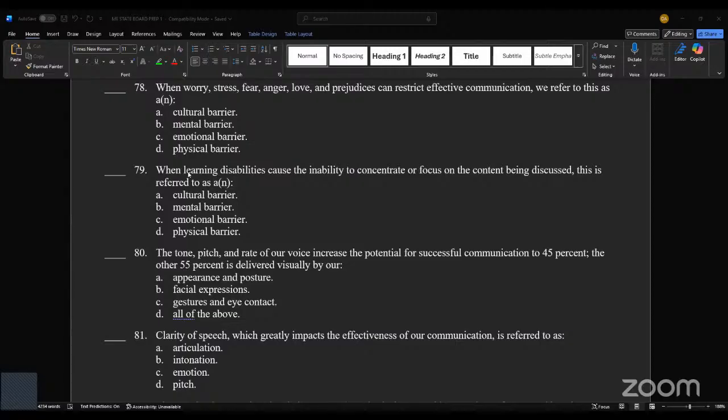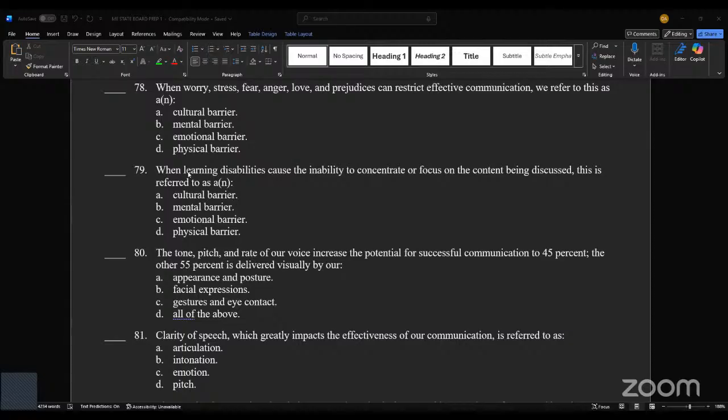79 is B. 80, the tone, pitch, and rate of your voice increase the potential for successful communication to 45%. The other 55% is how it's delivered, how you deliver it visually. So 55% is how I look in front of you, and 45% is going to be my tone, my pitch, my movements, my voice.